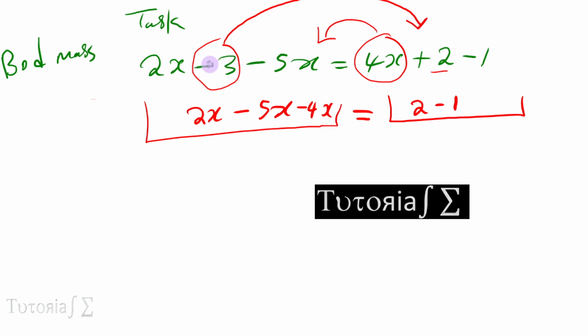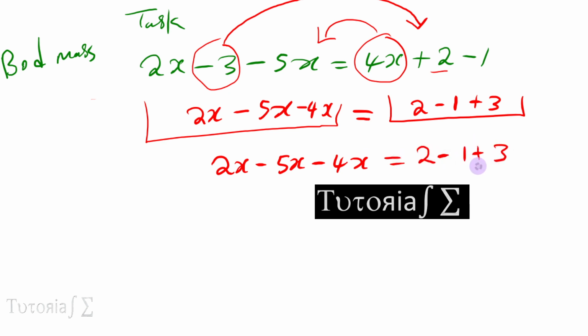If it is positive, it becomes negative. If it's negative, it becomes positive. So in this case, it becomes plus 3. Now you can rewrite this as 2x minus 5x minus 4x equals 2 minus 1 plus 3. We want you to be using that method, guys.